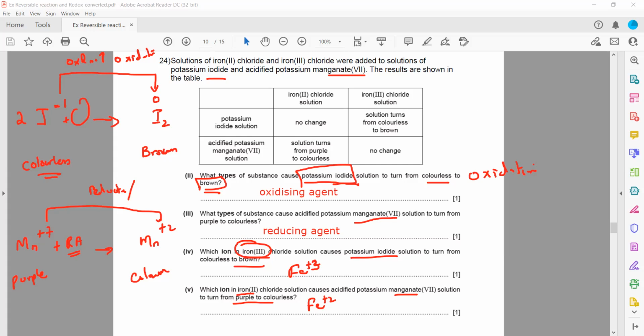Basically what happened, you have iodide ion, it is reacting with iron 3 and it turns into iodine molecule plus iron 2. This is the equation.